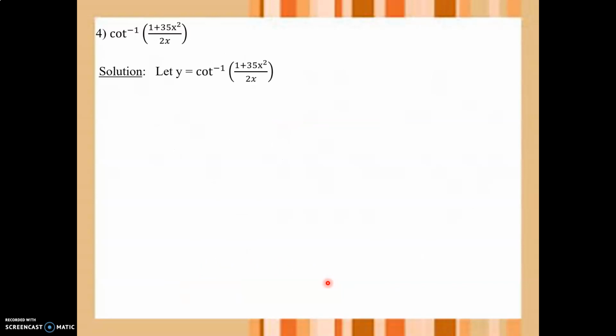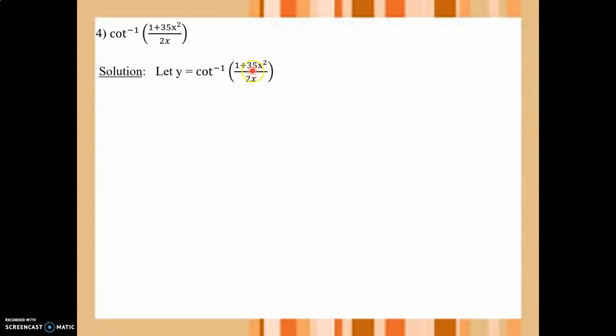Next question is cot inverse of 1 plus 35x square upon 2x. Here you have to change this term in the form of a plus b upon a into b, like that. For that we are just splitting this 35 into 7 into 5.